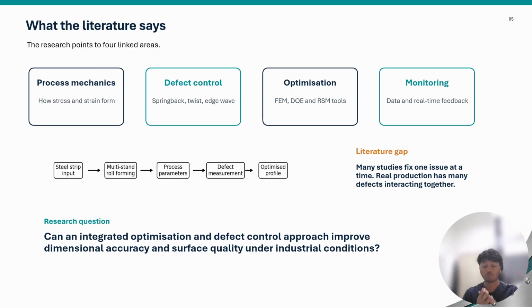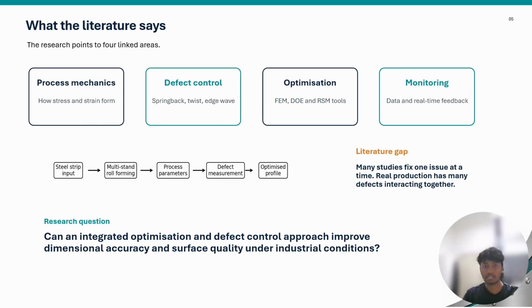The literature shows four main parts. First is the process mechanics, which explains how stress and strain depend on the forming process. The second one is defect control, which focuses on springback, stress, and edge waves. The third one is optimization using tools like FEM, DOE, and RSM. The fourth one is monitoring, with data and real-time feedback.